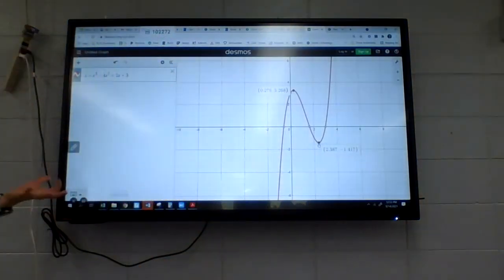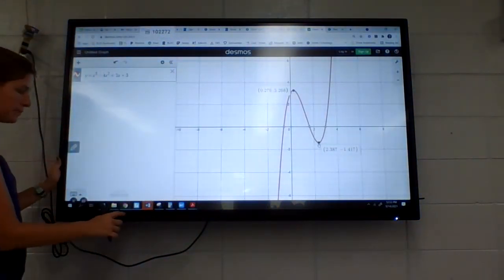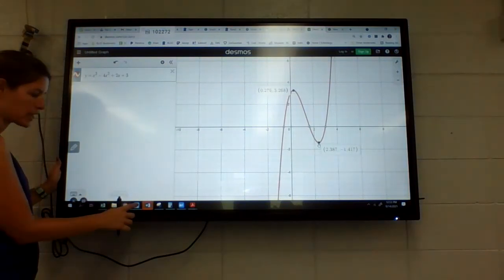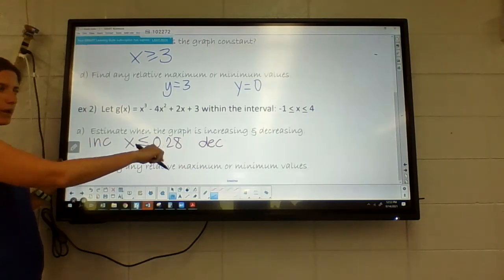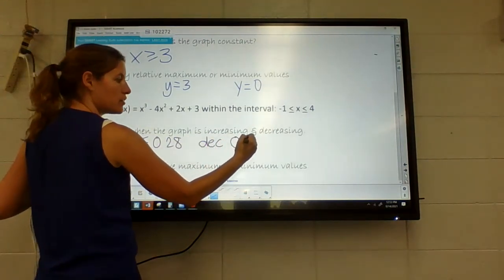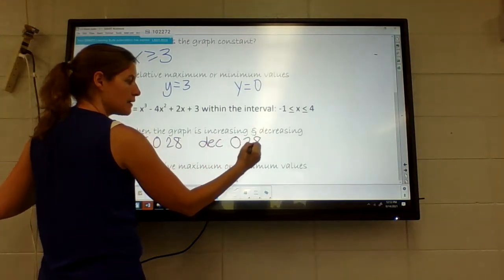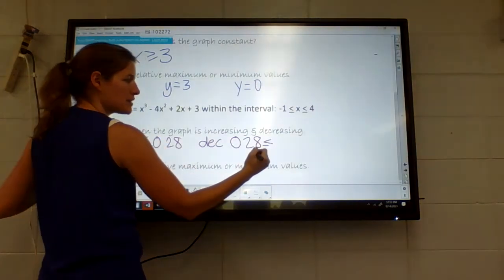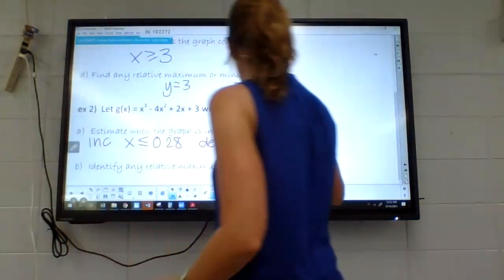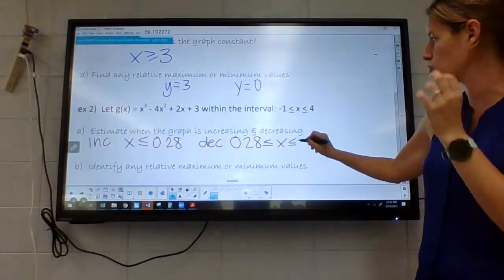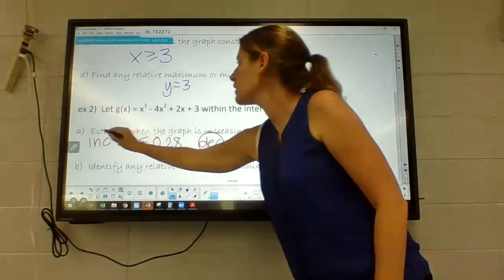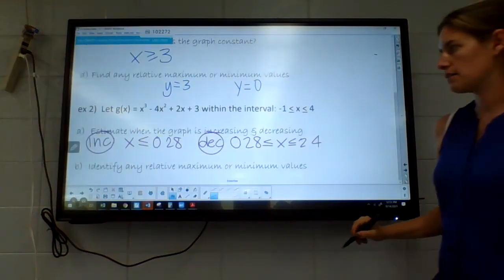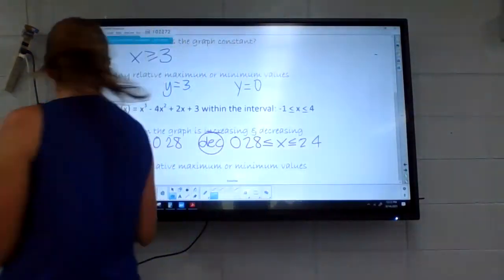Which is like 2.4-ish. And we're looking at the x when we talk about increasing and decreasing. So I'm going to take this point, so there's kind of no gap there. And what did I say, 2.4? Yes, 2.4. So increasing, decreasing, and then it increases again from 2.4 on, right?